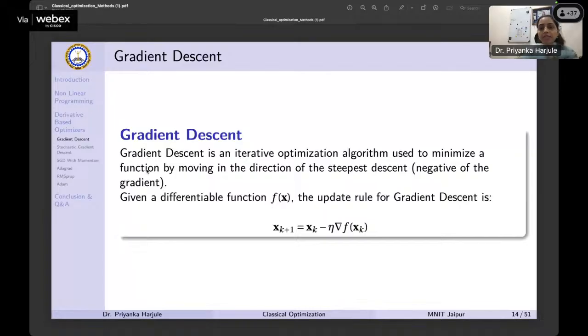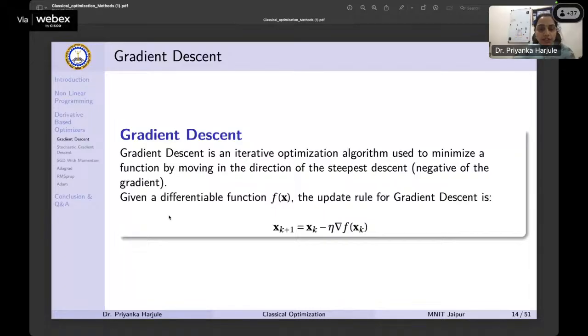The foundation of all the optimizers is gradient descent. Gradient descent is an iterative optimization algorithm used to minimize a function by moving in the direction of the negative of the gradient, which is the direction of steepest descent.